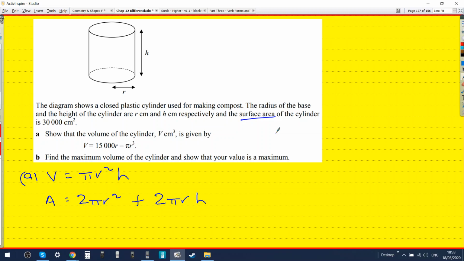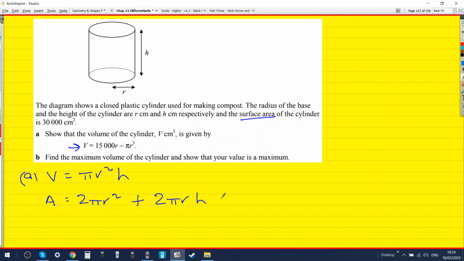And we want to get rid of H. So from the bottom one, is it? You tell me. I think so. Yes, because we want volume without h.